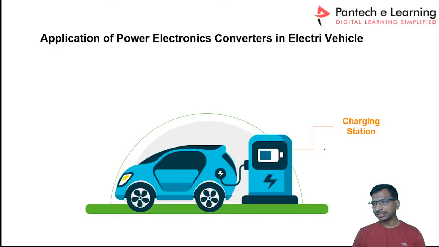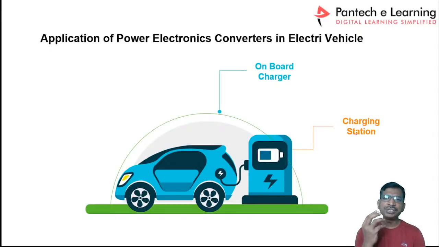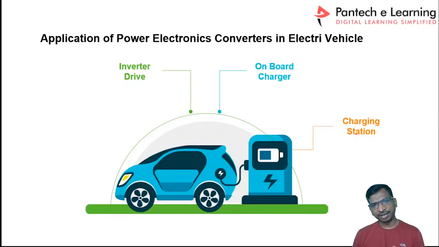Yes, in the charging stations. So very first one, the charging station. Second one, onboard charger. The onboard OBC model will have a power electronic converter, and similarly the inverter model. We can call it an inverter drive or a powertrain inverter, whatever it may be. In the inverter model, there will be a power electronic circuit.